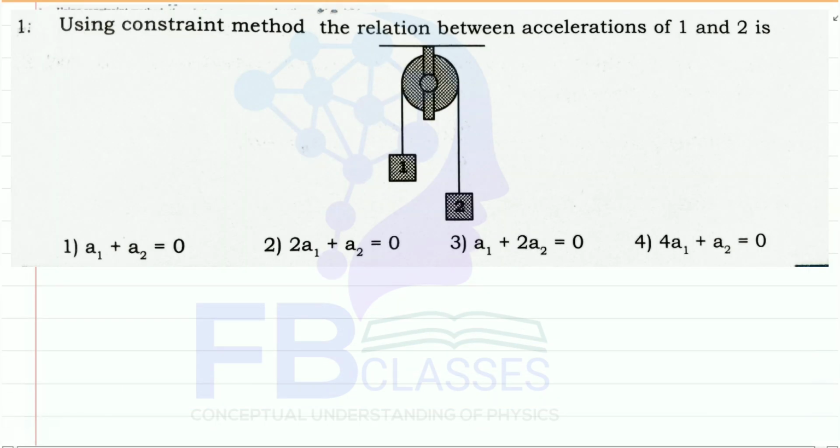My dear students, I am going to read the question. Using the constraint method, the relation between the acceleration of 1 and 2 is. Okay, the options are given. A1 plus A2 is equal to 0, 2A1 plus A2 is equal to 0, A1 plus 2A2 is equal to 0, 4A1 plus A2 is equal to 0.